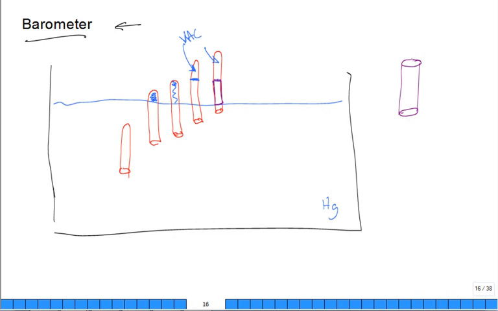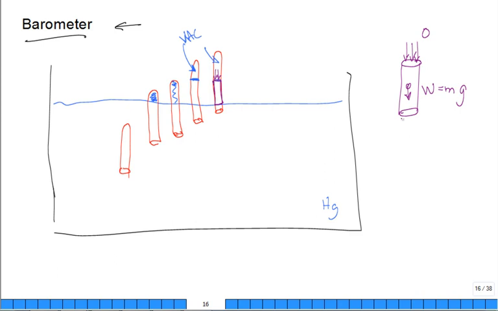What's the pressure pushing down up here on the top of that? 0, because it's a good vacuum. I know it's not precisely 0, it's 0.0000 something, but it's close enough that we'll say it's negligible. Then for the free body diagram we have big W. What is big W? The weight, which is the mass of the mercury in that column times g.